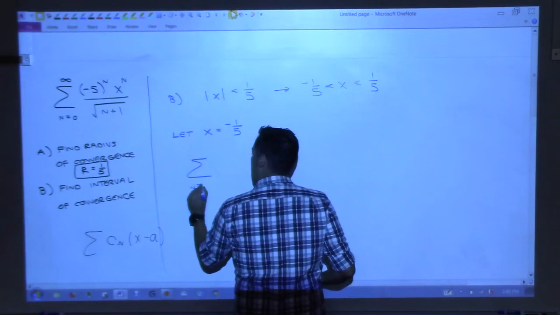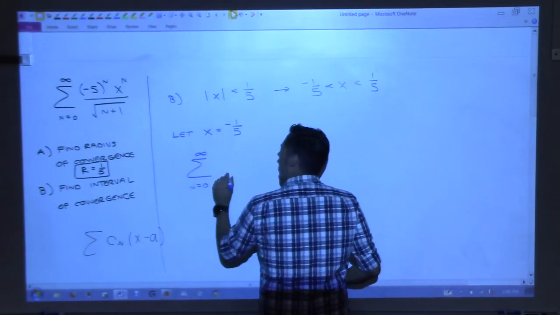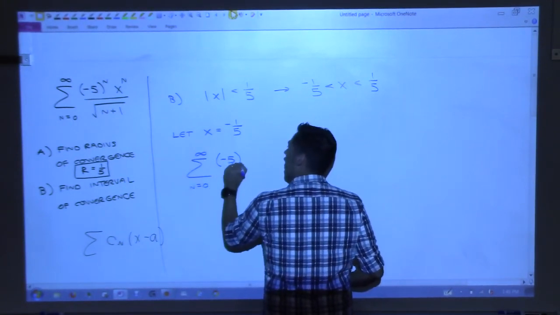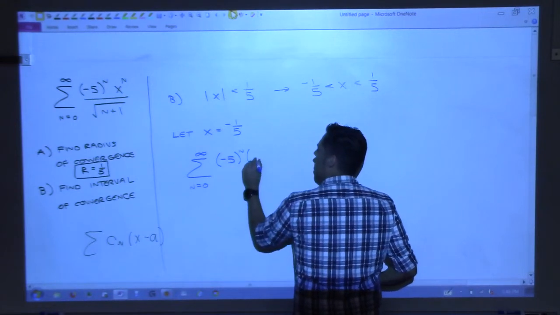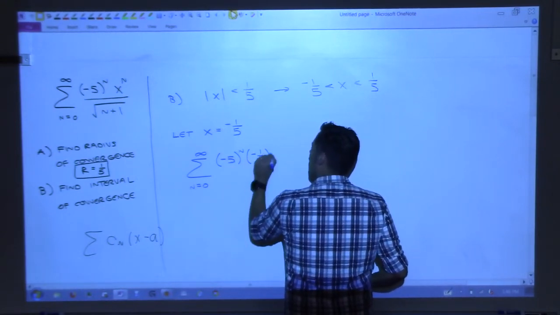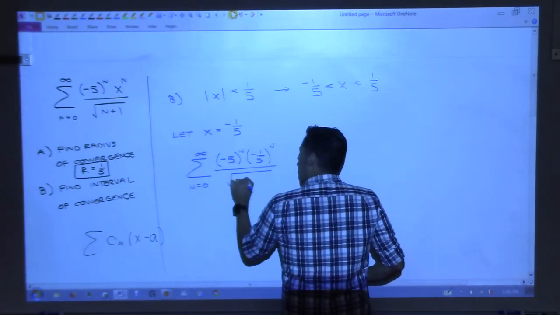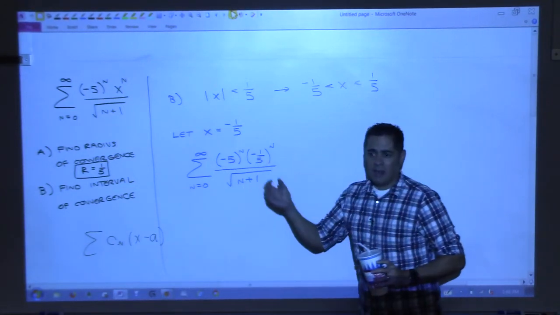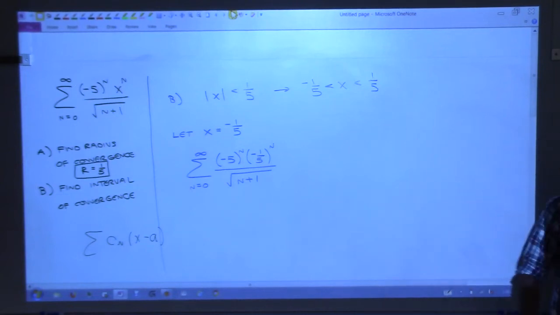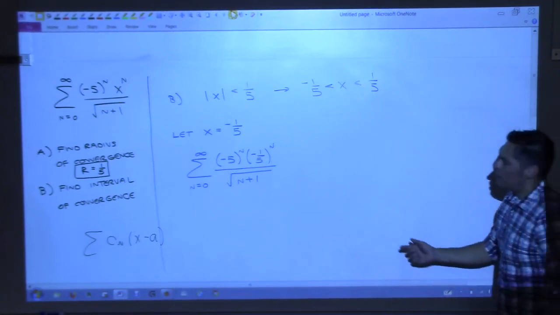When we do that, we no longer have a power series. We just have a series like in the previous sections. There's no more expression of x in here. x has now been fixed as a number. And we get something really nice here.